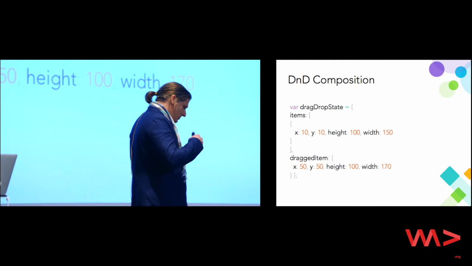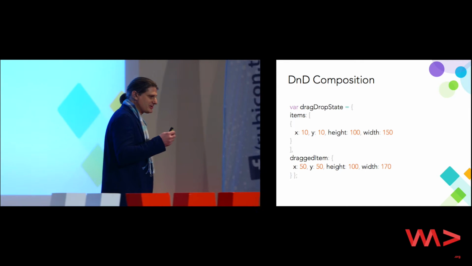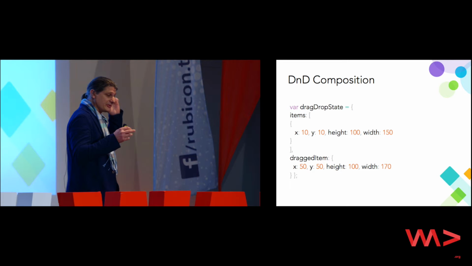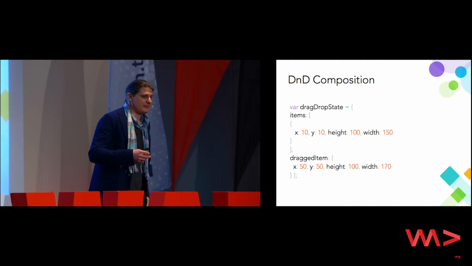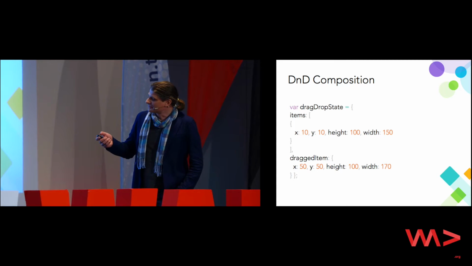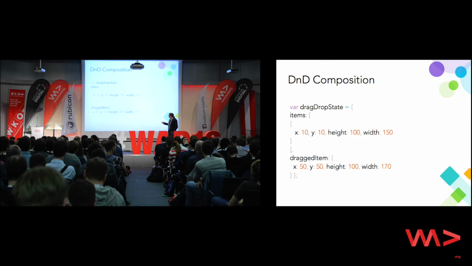Another thing that we saw is the drag and drop animation. So that's also very simple. You just separate the data, the drag and drop state, from the rest, and then you can actually do whatever you want. So basically, the drag drop state just holds all the items in there, and you have the dragged item in there, and you pass these little objects from one function to another.